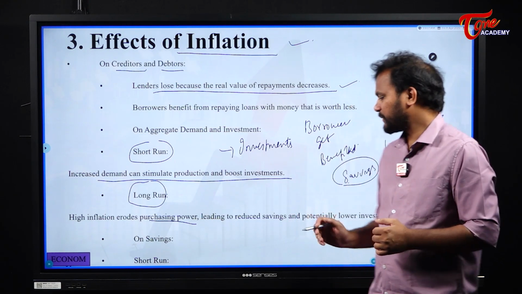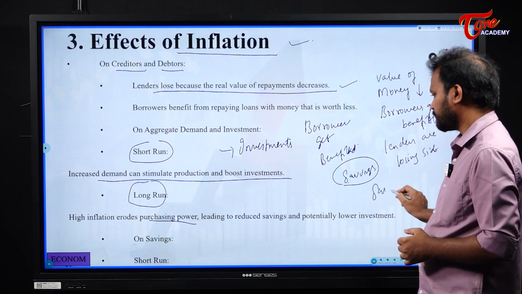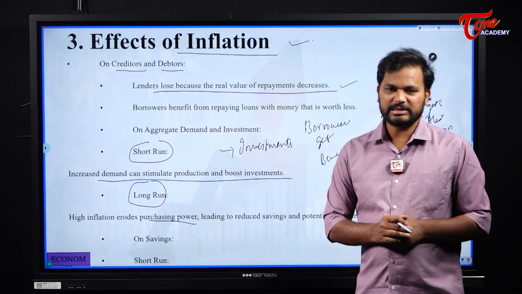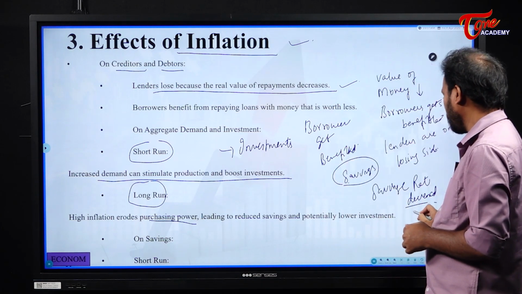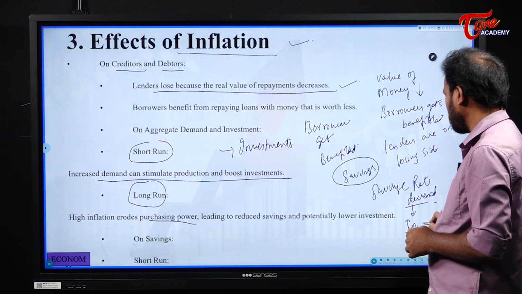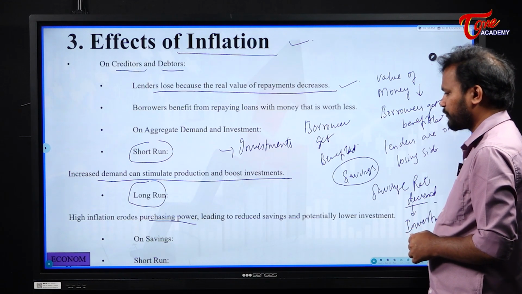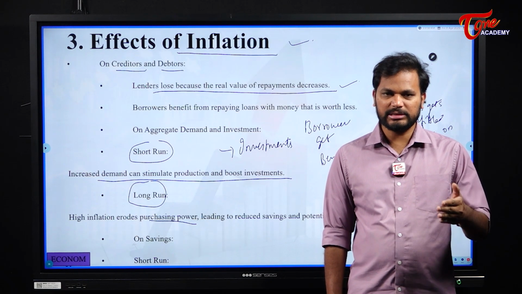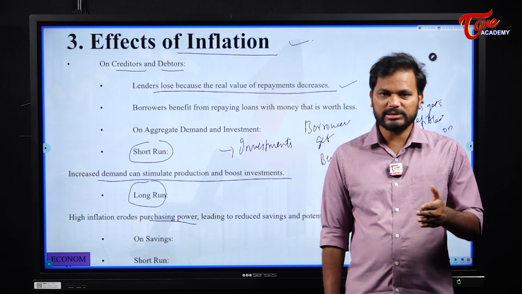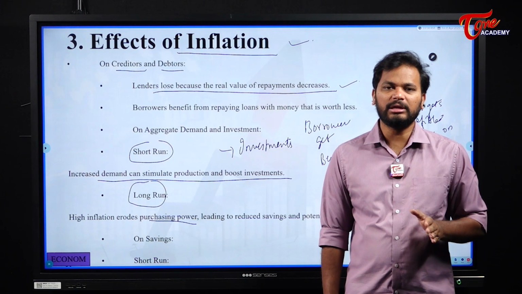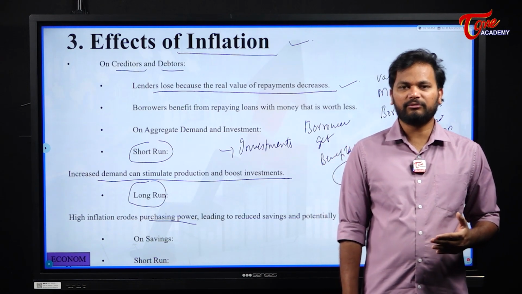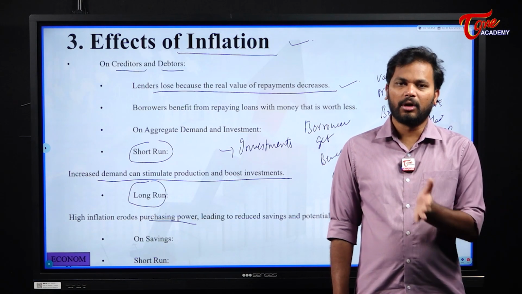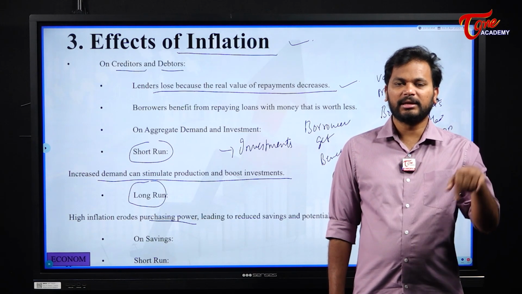So as a consequence of that, the savings rates have decreased, and that will lead to a further decrease in the investments, because banks are the source of investment to the majority of the sectors. Now if there is no availability of money in the bank, if the savings rate has decreased because of the rising inflation, obviously that will affect the entire system.